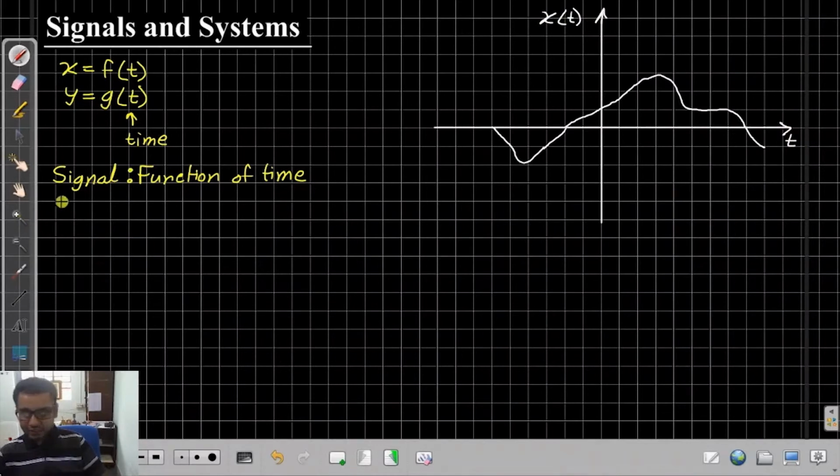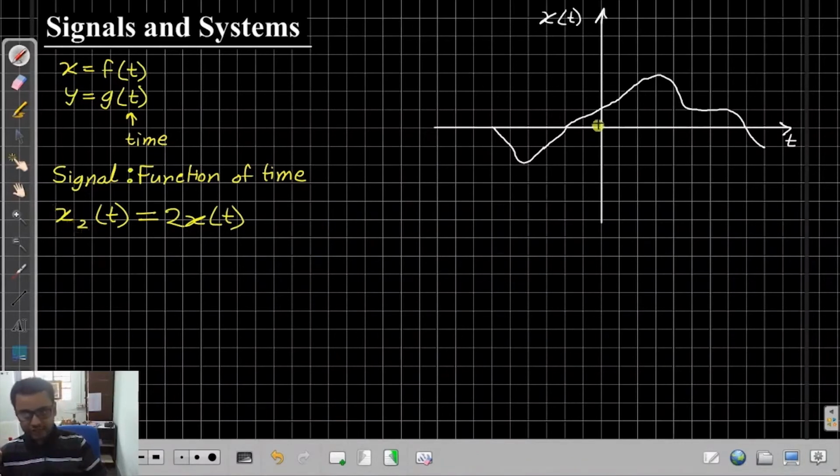and let us define a new function, say x2 of t, which is defined to be 2 times x of t. Let me now ask, how will this graph look like?